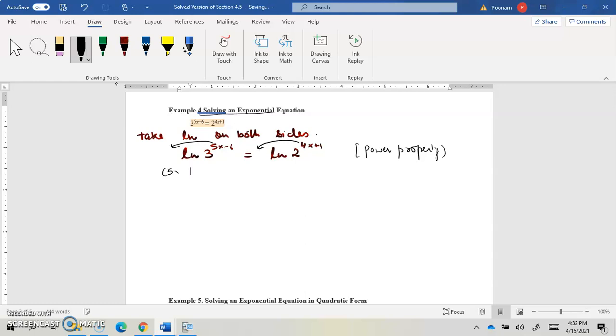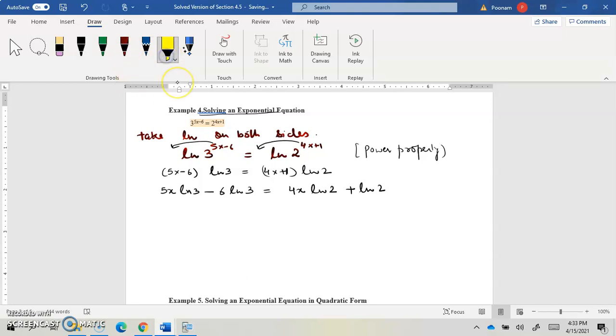So we have 5x minus 6 times log of 3 is equal to 4x plus 1 times log of 2. We can use the distributive property to make log 3 multiply with everything. 5x log 3 minus 6 log 3 is equal to 4x log of 2 plus 1 times log of 2, which would be just log 2.